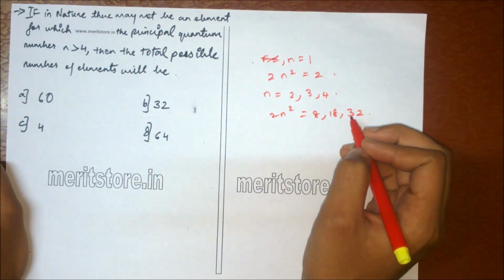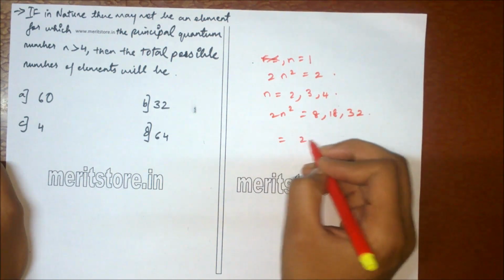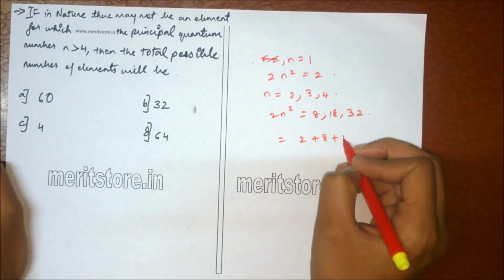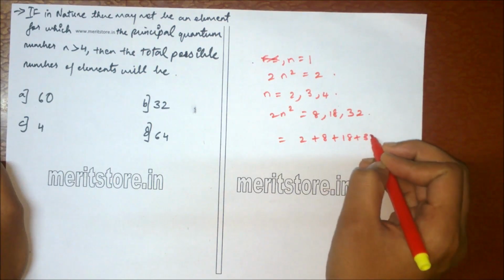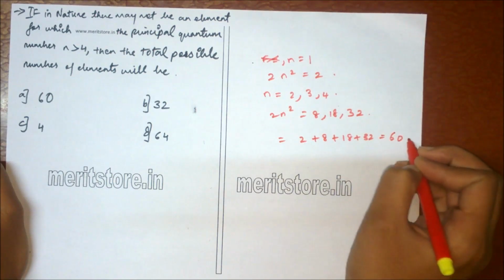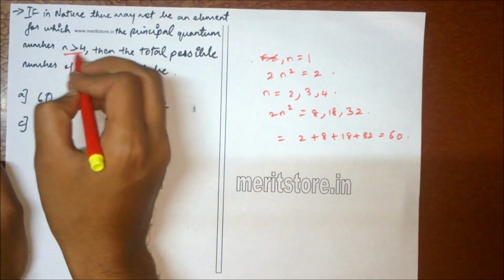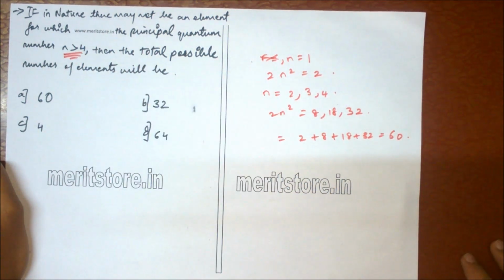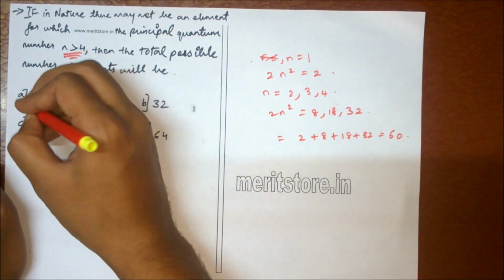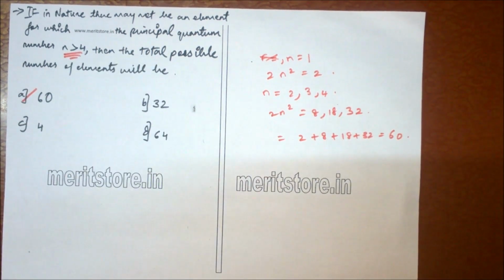Hence, the number of possible elements will be 2 plus 8 plus 18 plus 32 is equal to 60. As the n is only 4, there won't be any element greater than 4. So option A is the correct answer.